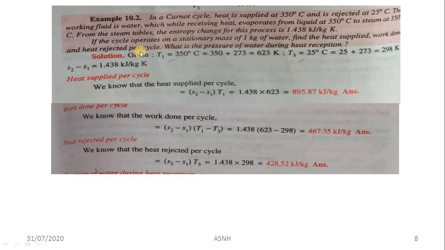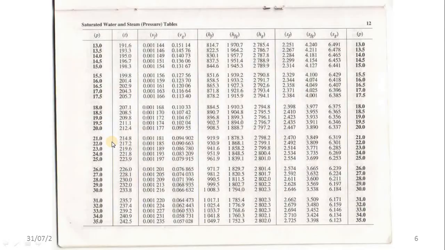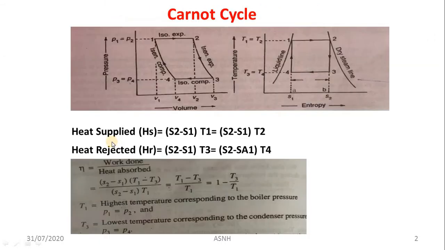So these are the given parameters in the numerical, and we have to calculate heat supplied, work done, and heat rejected. We know all the formulas. In the previous slide we discussed the formula of the heat supplied: heat supplied is equal to S2 minus S1 into T1, that is S2 minus S1 into T2.